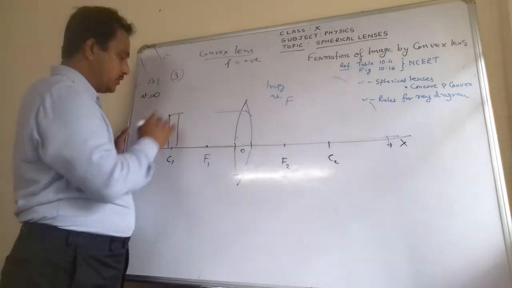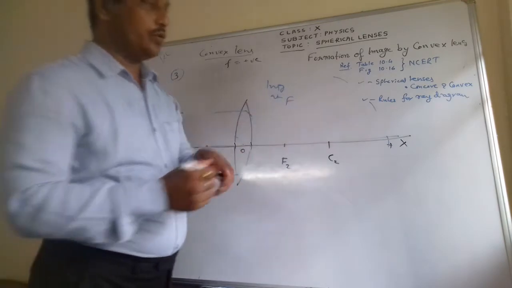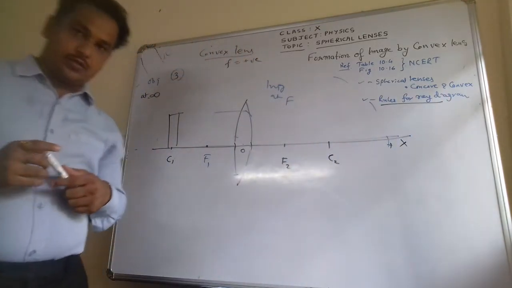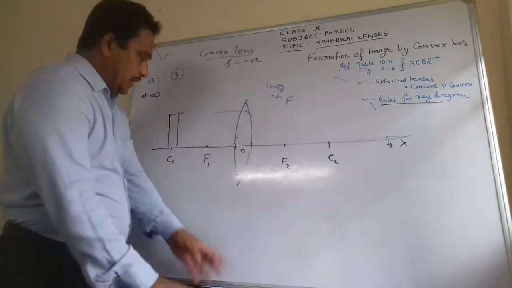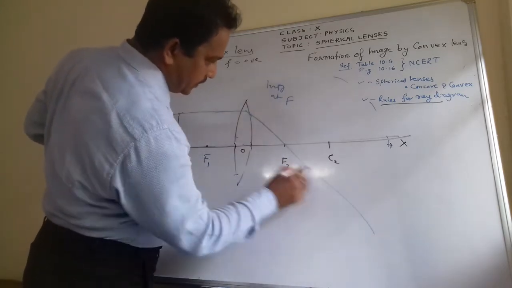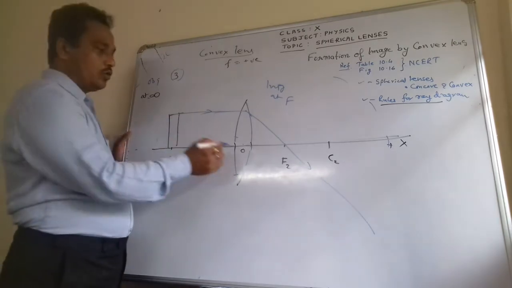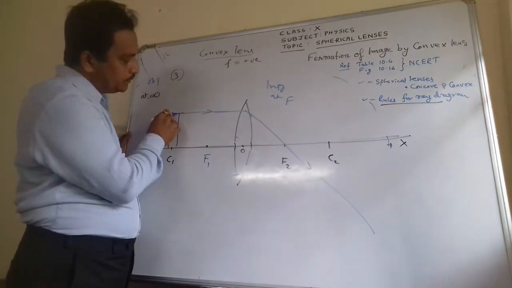Now this is the height of the object, and we will apply the rules which you have already studied in the earlier sessions. A ray passing parallel to the principal axis will pass through the focus. You are aware of this. We are applying this first, for example. Now another ray passing through the optic center will pass without any deviation. Let us do that also.